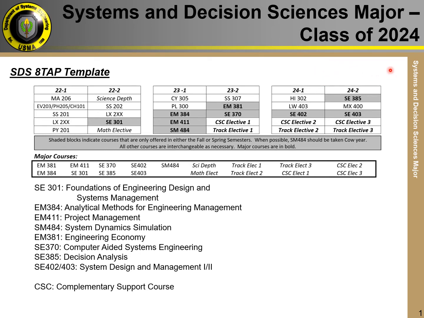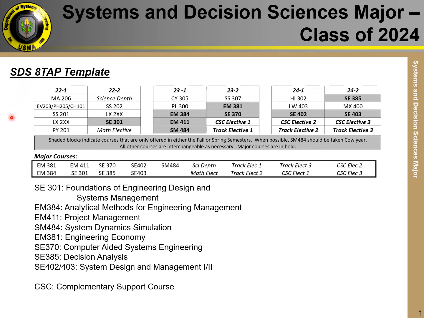Note that these are general templates, and should you have differences, either due to validations or a different sequence of where you took a course, either your plebe or early in your yearling year, that's okay. This template is flexible enough for us to rearrange classes as we need on an individual basis. But generally, what you're looking at is how we see cadets progress through this major.